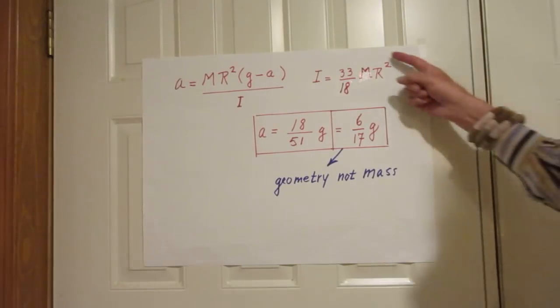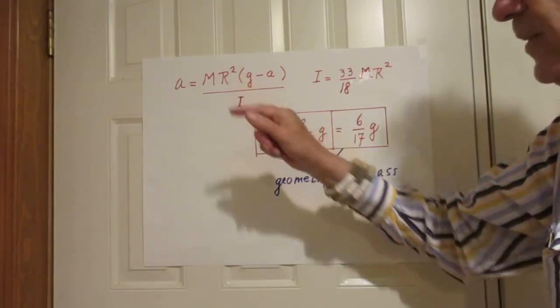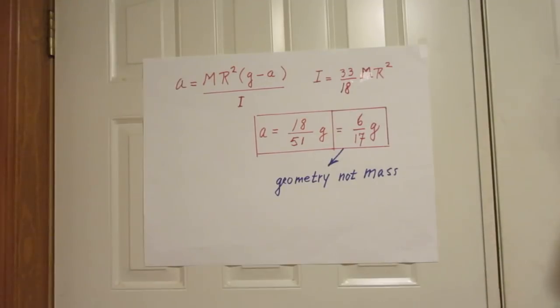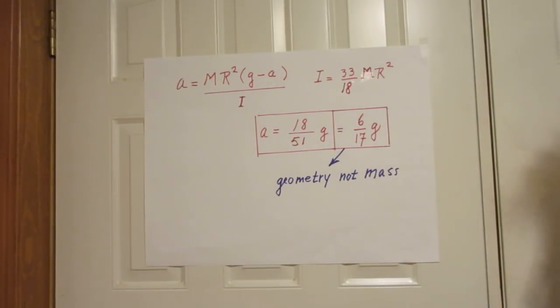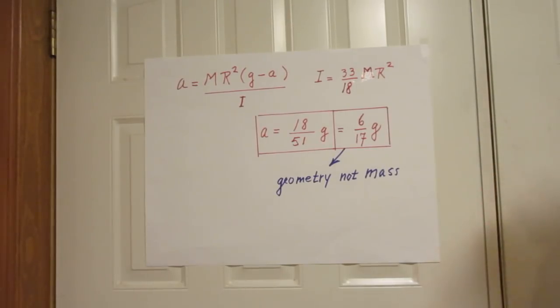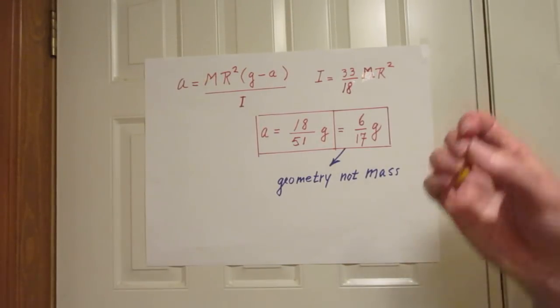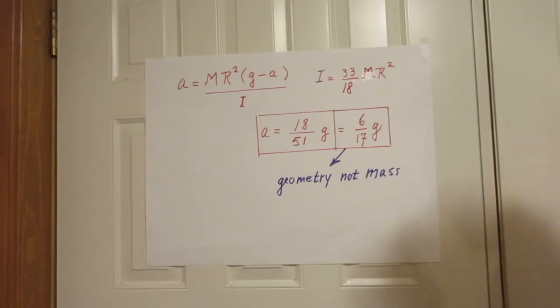So all I have to do now is substitute this in that equation. And I find that A is 6/17 g. M cancels. It's all a matter of geometry. And that's very interesting. Think about that.